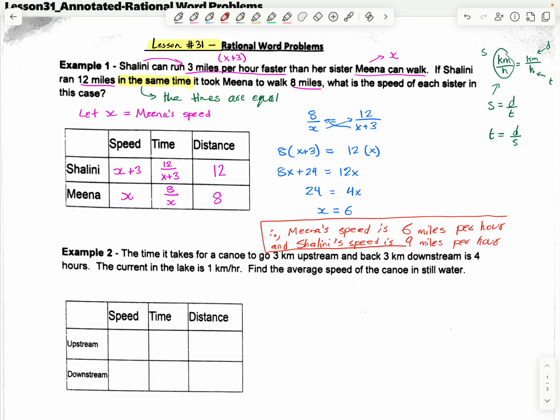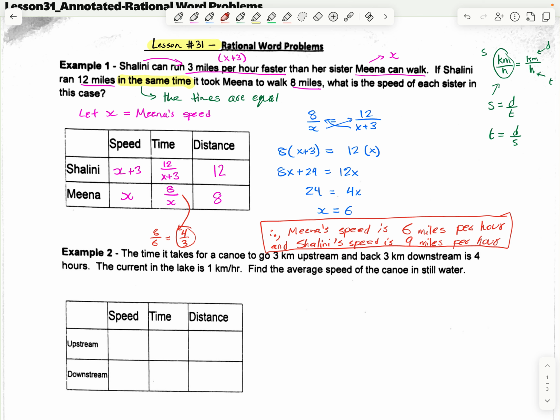And by the way, it's a good idea to always check this. So let's just check it quickly. Mina's time right here was 8 divided by x, which we got as 6. So her time comes out to 8 divided by 6, which reduces to 4 over 3.